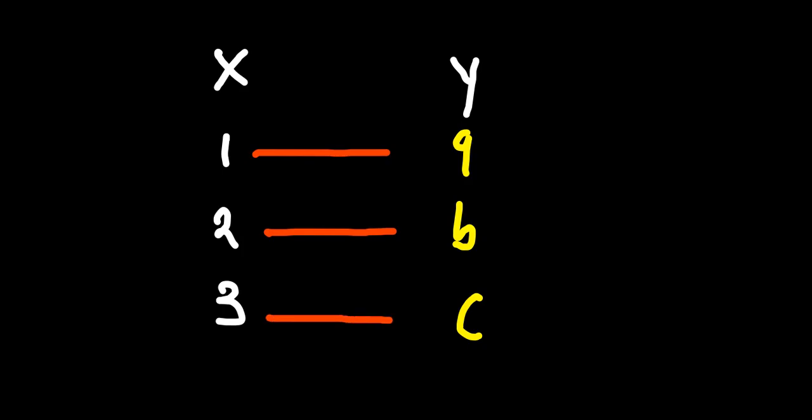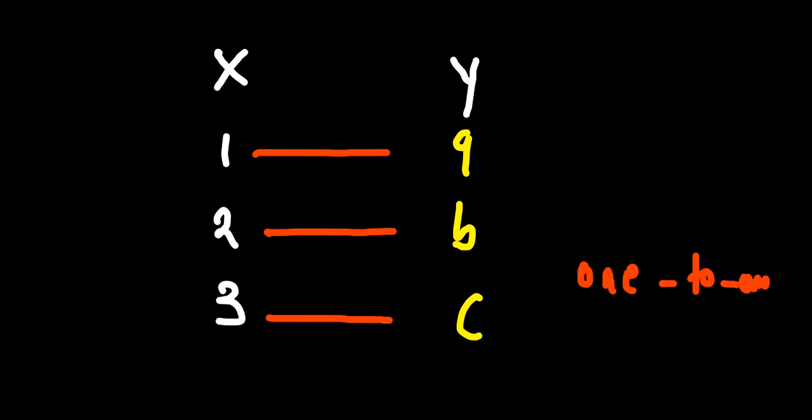You're able to see that all the elements in x have got some element in y. Such a function is called a one-to-one function.